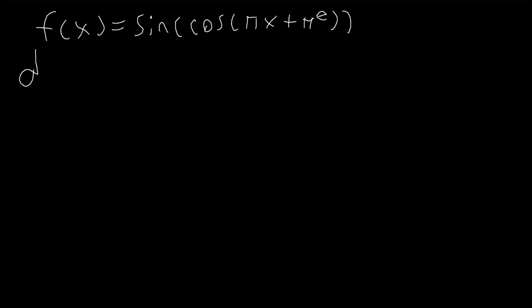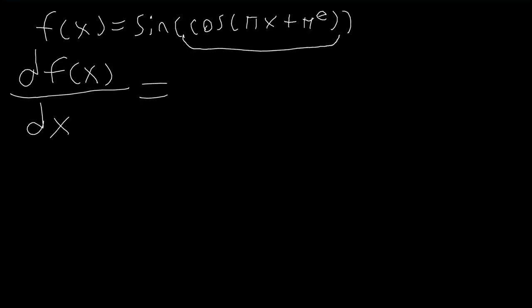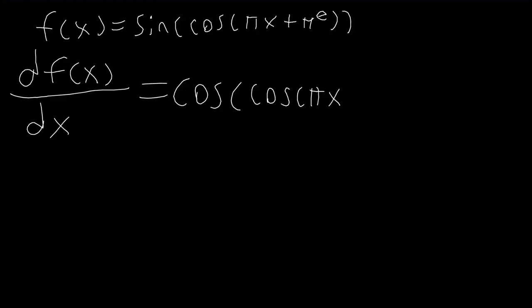Okay, so let's find that. We have to realize this is going to be our u because it's the inner. So we have to just differentiate the outside and keep the inside the same. So it's going to be cosine, because that's the derivative of sine, and keep all the inside the same: pi x plus pi to the e.